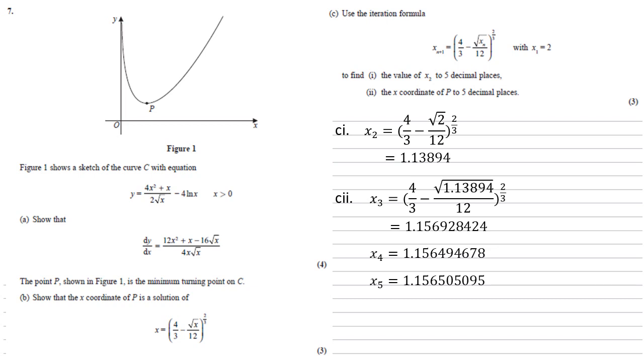I then get x5, and what we're looking for is to keep on doing this until our answers to 5 decimal places stay the same. So at the minute, they're still changing that little bit. These two have got different answers to 5 decimal places. But once we get to x7, we can see that to 5 decimal places, this is exactly the same as x6. So that must be our answer, rounded to 5 decimal places. We get 1.15650.